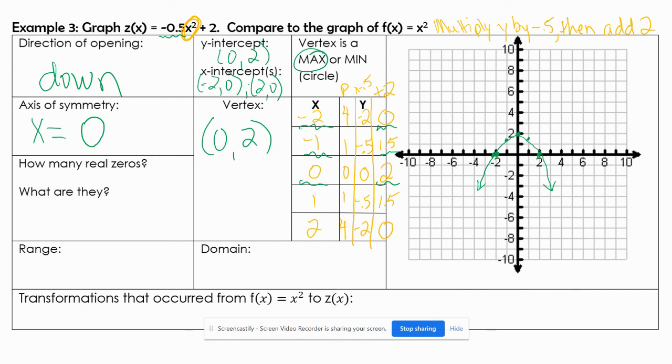How many real zeros? How many x-intercepts? How many times does our graph cross the x-axis? And that's going to be 2. And we know that they're at negative 2, 0, and 2, 0. So the real zeros and the x-intercepts should always be the same.